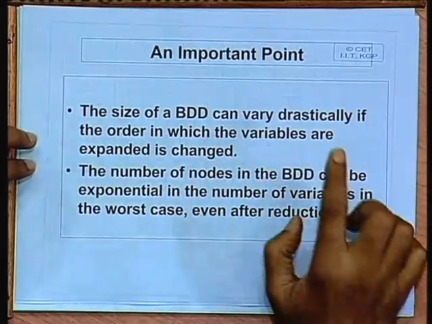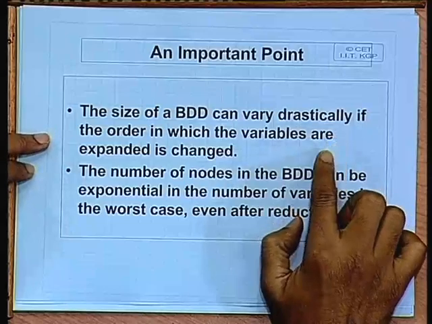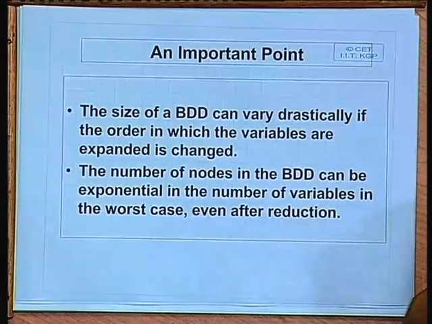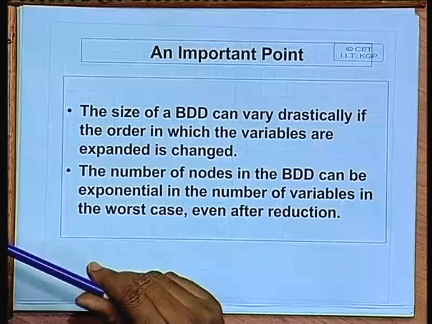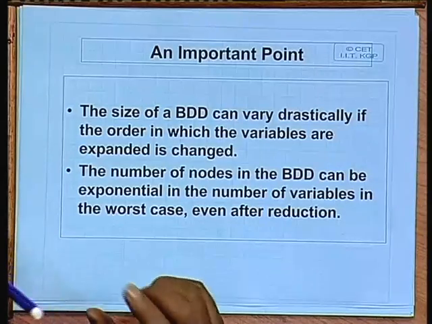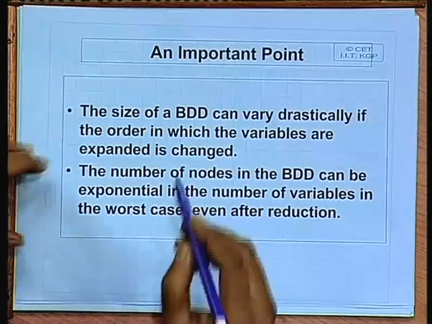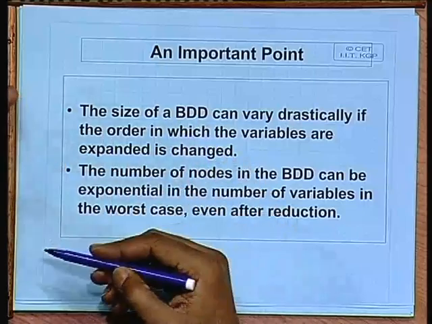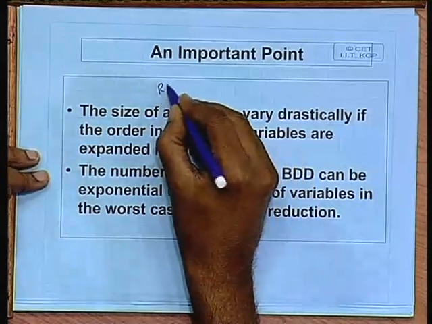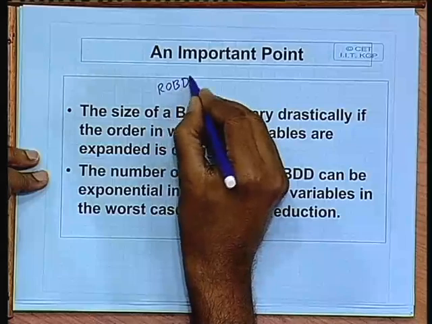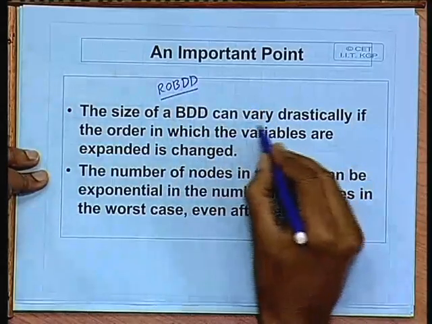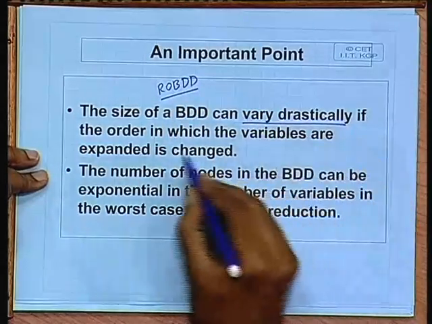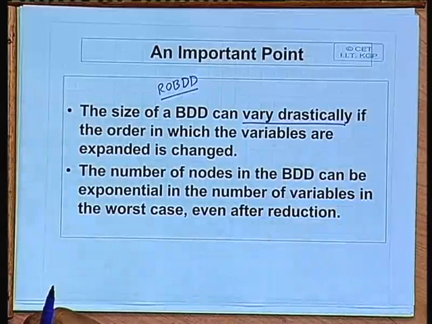is that, from BDD we are drawing OBDD, but we really do not know which ordering of the variables would be better for us. The size of the BDD after reduction, that means we are actually talking of ROBDD, the size of the final ROBDD can vary drastically depending on the order of the variables.